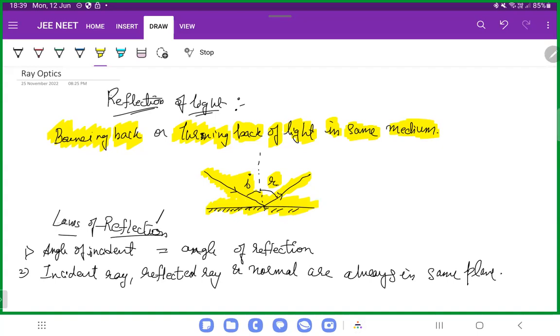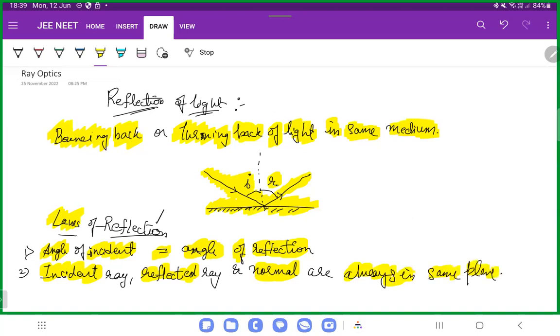Next, we should know the laws of reflection. First, the angle of incidence is equal to the angle of reflection. Second, the incident ray, reflected ray, and normal are always in the same plane.